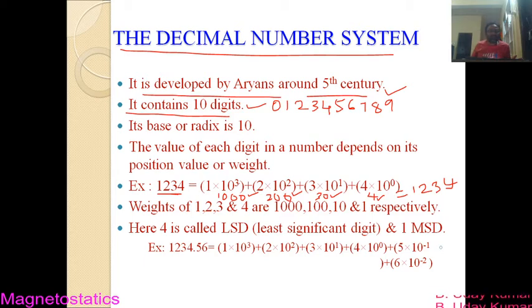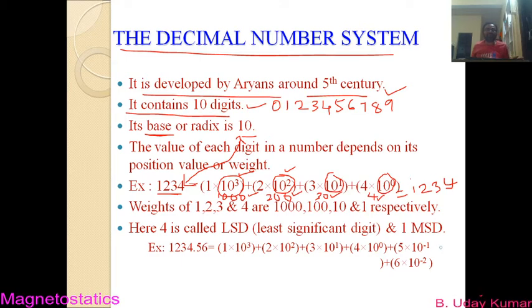Their weights are represented in terms of 10 powers: 10 power 0, 10 power 1, 10 power 2, 10 power 3, and so on. Since the base of the decimal number system is 10, even the weight can be written in terms of 10 powers only.